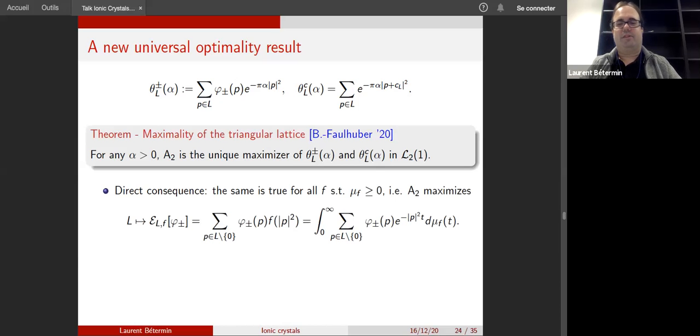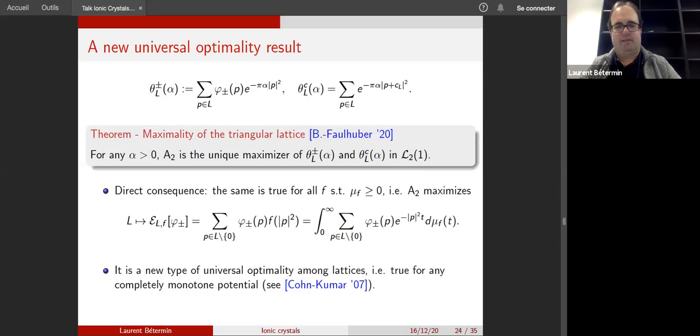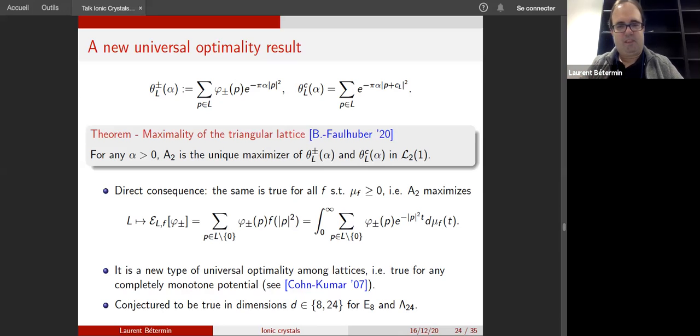As a direct consequence, the same is true for any completely monotone potential. And that's this universal maximality result among lattices only here. It is conjectured to be true in dimension 8 and 24 for E8 and Lambda 24.